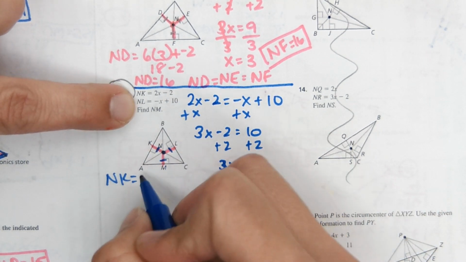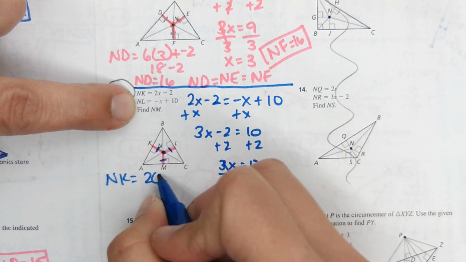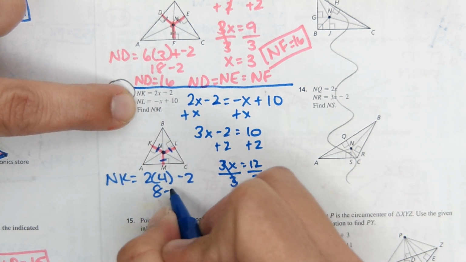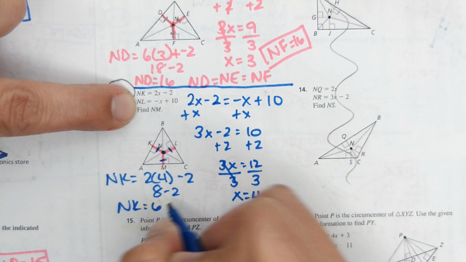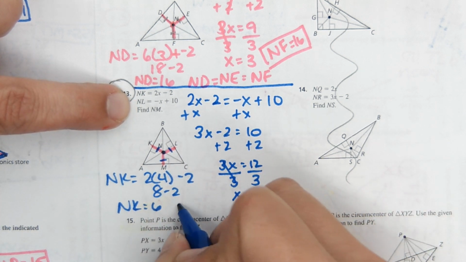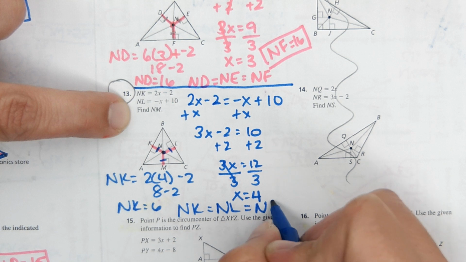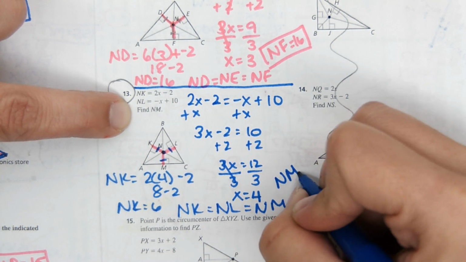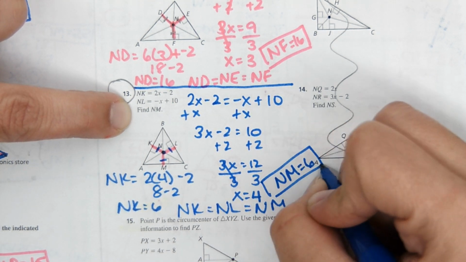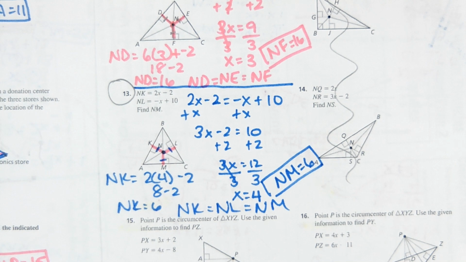NK equals 2x minus 2, so I'll do 2 times 4 minus 2, 8 minus 2, NK equals 6. Great. Since NK equals NL, which equals NM, that means NM equals 6 as well. And we're done.